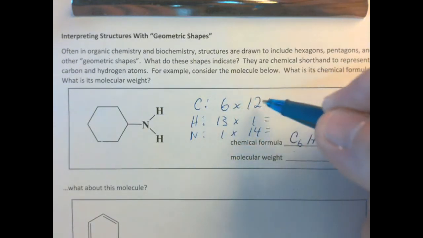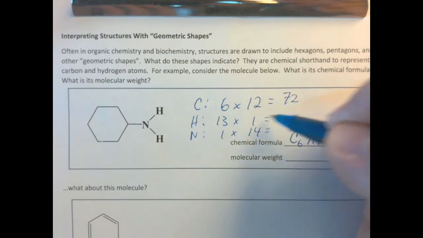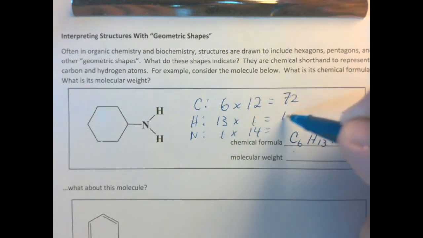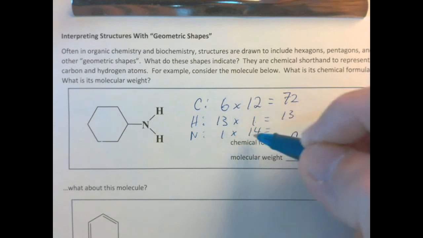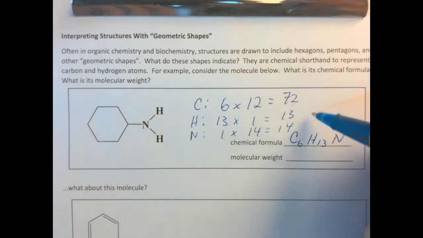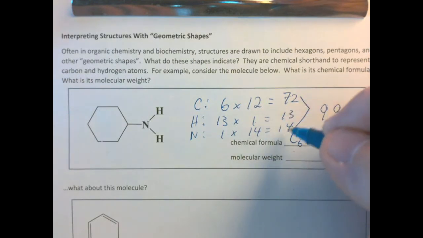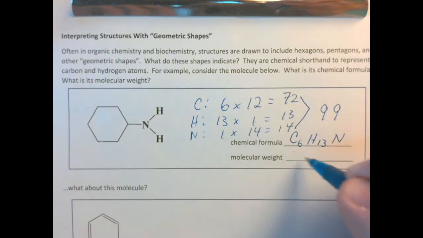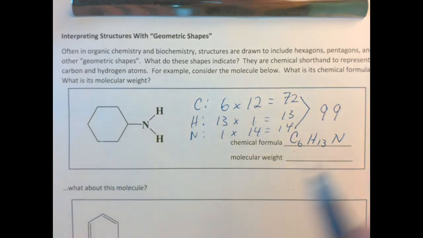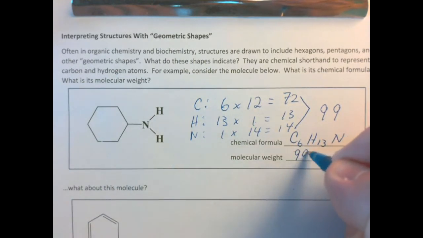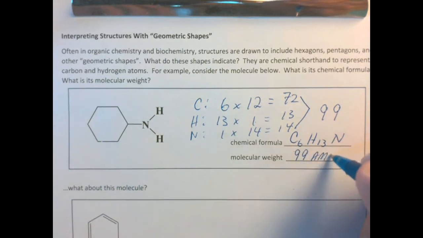So do the math. 6 times 12 is 72. 13 times 1 is 13. And 1 times 14 is 14. If I add these up, let's see if I can do this in my head, I get 99. So the molecular weight of that molecule is 99 AMU.